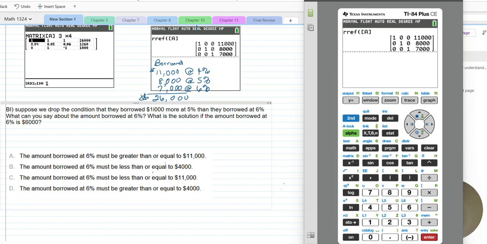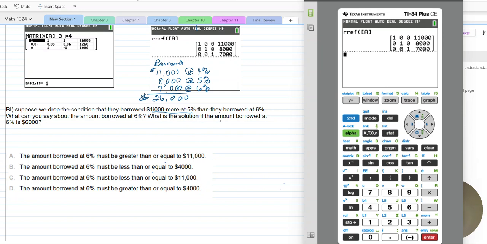Plus, okay, so they're saying if they didn't do that, and at 6%, and 6% was 6,000. Okay, so instead of it being 7, it's reduced by 1,000. All right, then 6%.